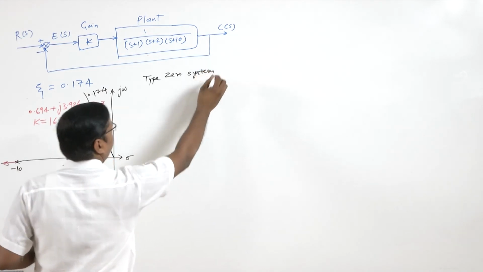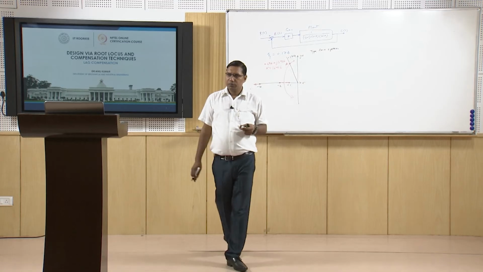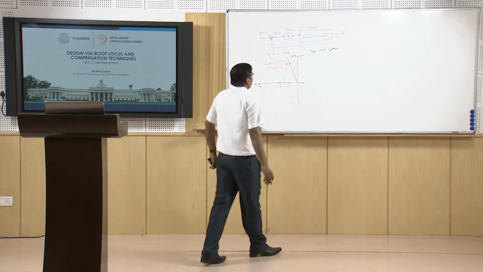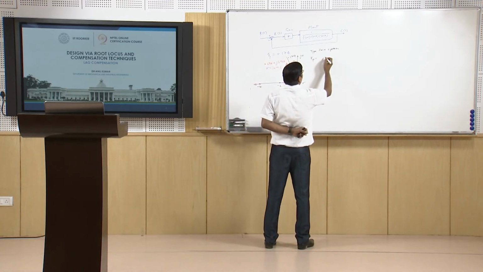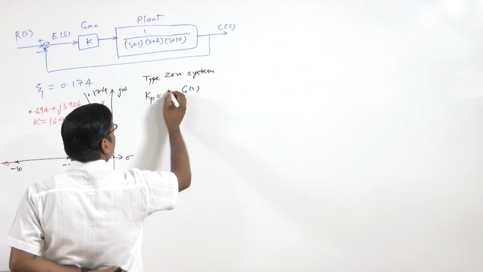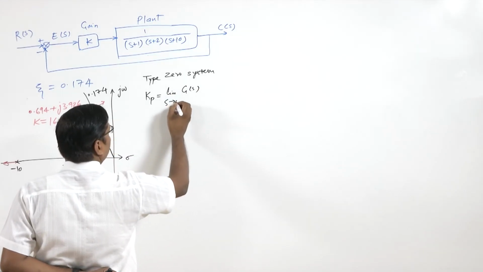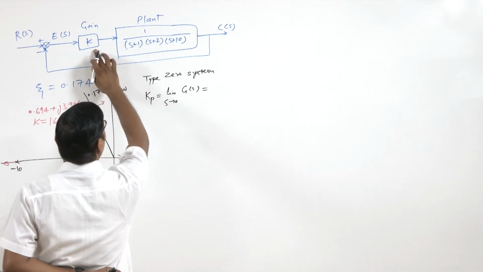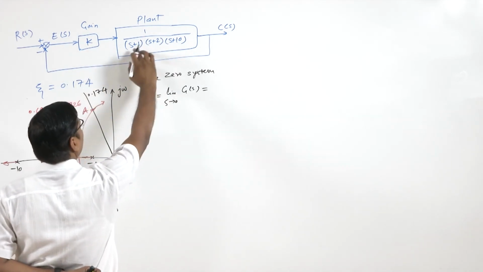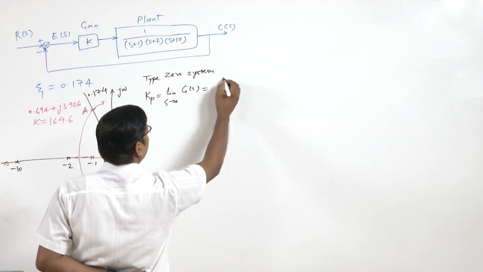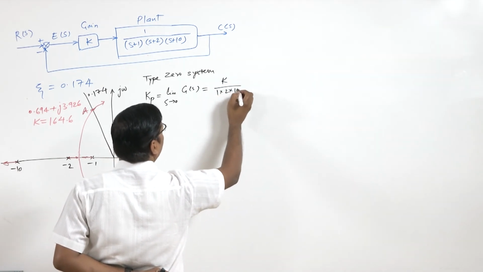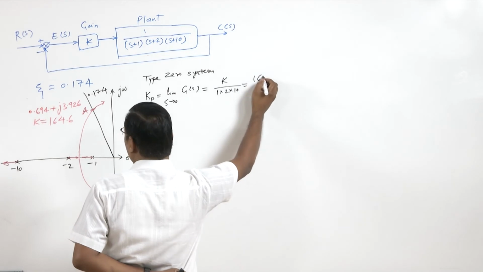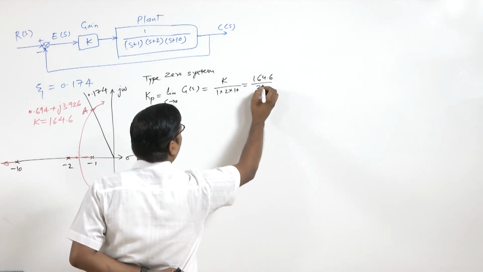So for Kp we have to find the static error constant. So Kp equal to G(s), limit s tends to 0, and that is equal to, here the total system is K by (s plus 1)(s plus 2)(s plus 10). So K by 1 into 2 into 10. So K is 164.6 by 20.